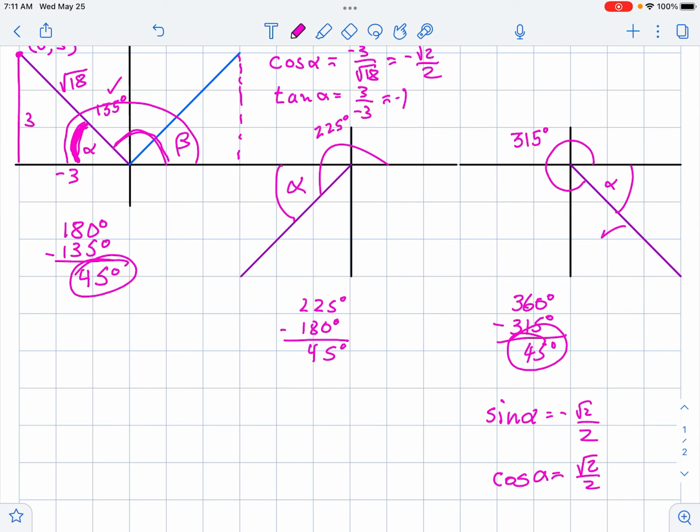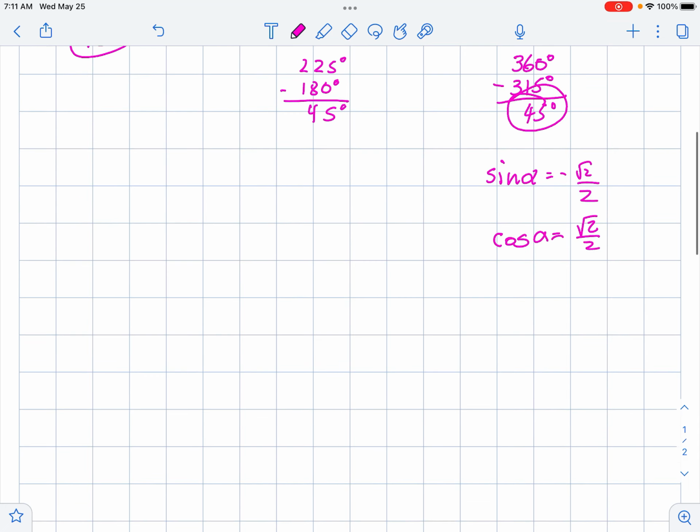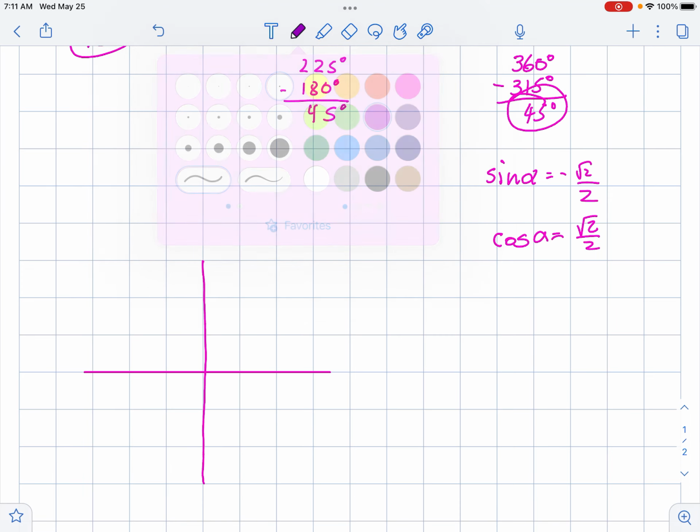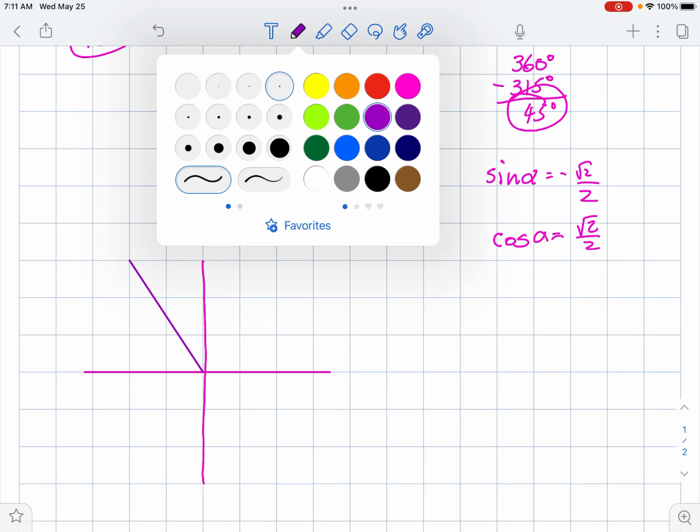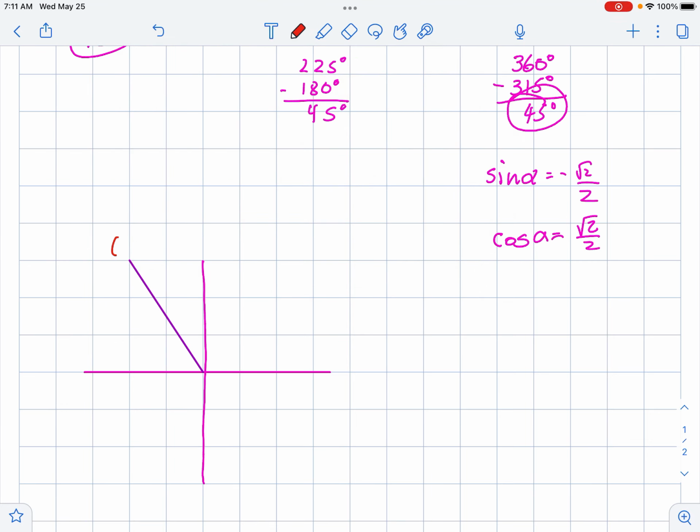Okay, now let's look at another type of problem here. Let's suppose that we've got an angle, and I'll just draw a real quick grid here. Let's suppose it looks like this. Let's suppose that we've got a terminal side over here, okay? And this looks like it's negative 2, 3.